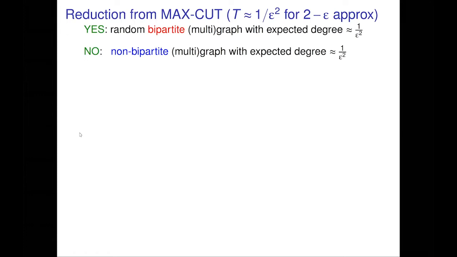Okay, great. So what does this have to do with max cut? Here's the reduction. Let T, the number of players, be some large constant depending on the approximation ratio for max cut that we want.